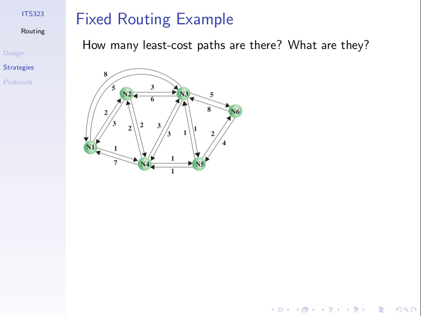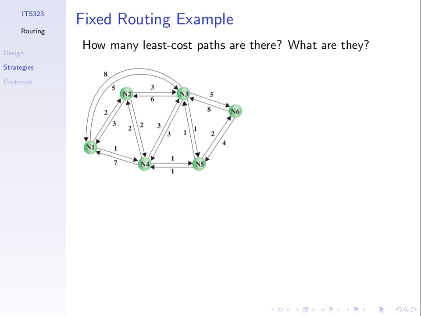That tells us the answer immediately. 6, 5, 4. It must be 6, 5, 4, 2. Why? If this is the least cost path from 6 to 1 and it includes node 2, then a least cost path from 6 to 2 must be 6, 5, 4, 2.